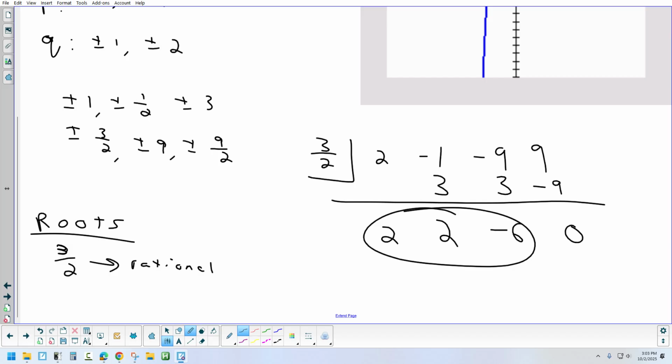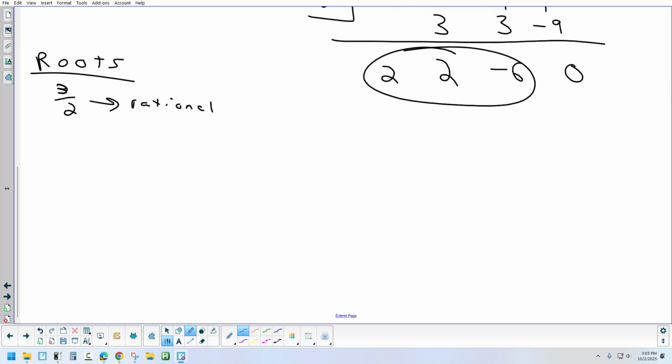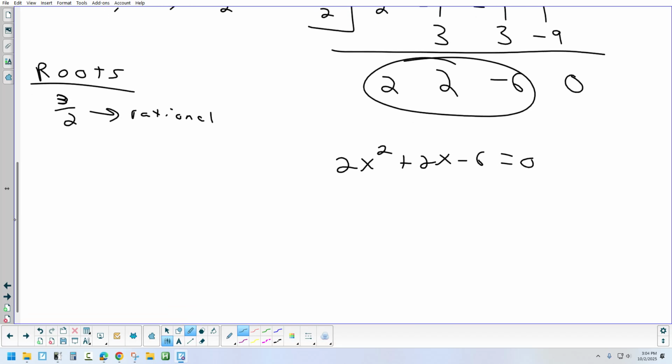So how are we going to solve that when we set it equal to 0? The quadratic formula. So we set the quotient equal to 0 and fill in the quadratic formula, and that's going to give us the remaining two answers.